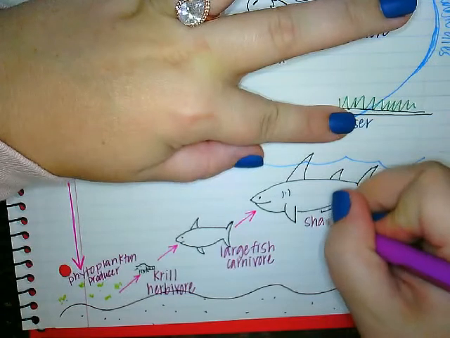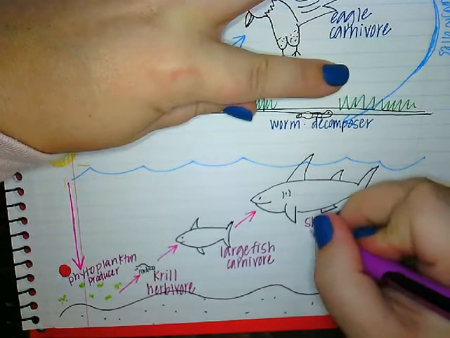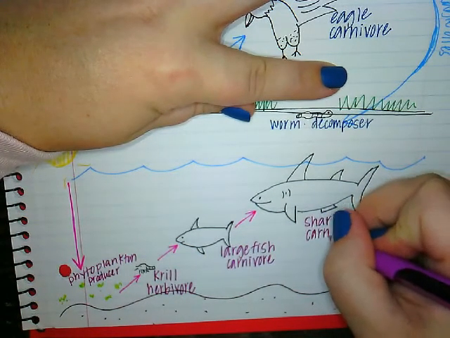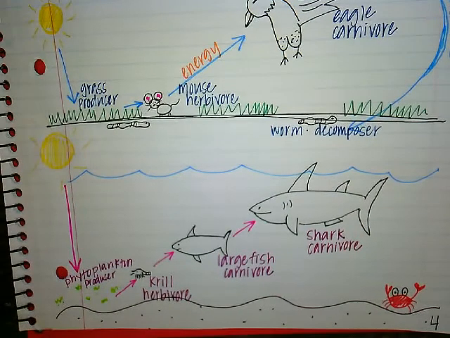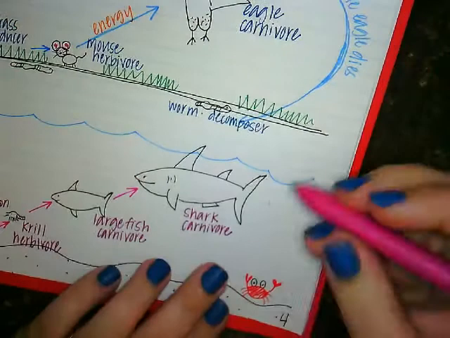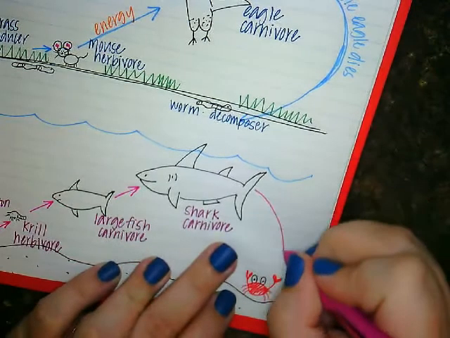Large fish is going to get gobbled by our shark here. So shark is also, no surprise here, a carnivore.